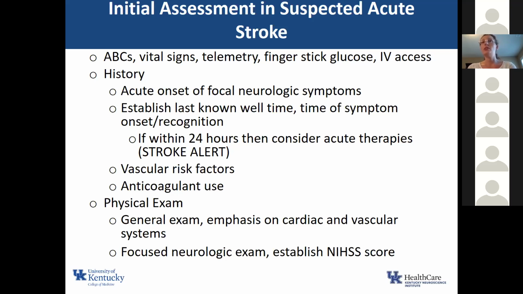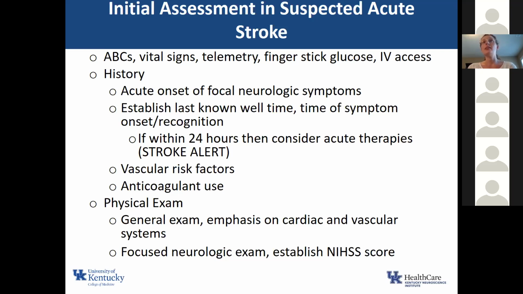A finger stick glucose is very important because hypoglycemia, as well as extreme hyperglycemia, can also be a mimic of stroke symptoms. Then you want to get IV access right away. For our history, we really want to focus on acute onset of any focal neurologic symptoms. It's very important to get that last known well time. It's not when the symptoms began, which is the time of onset or the time they were recognized, which may unfortunately be the time the patient woke up that morning.